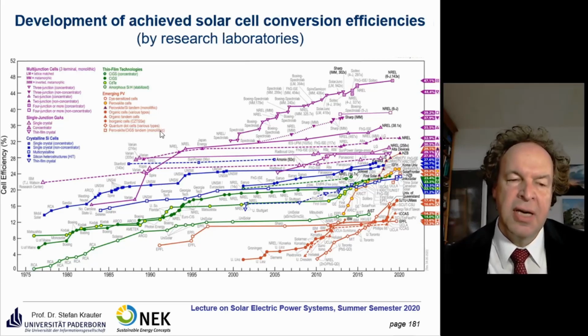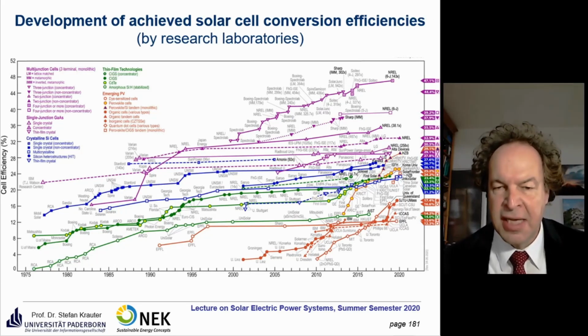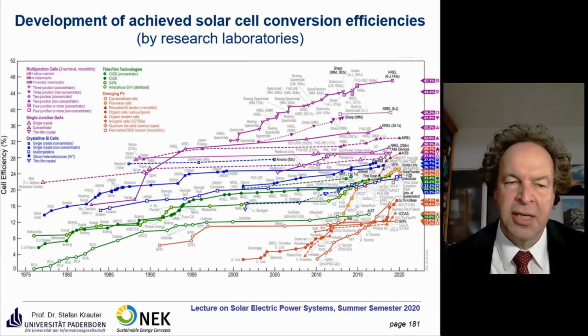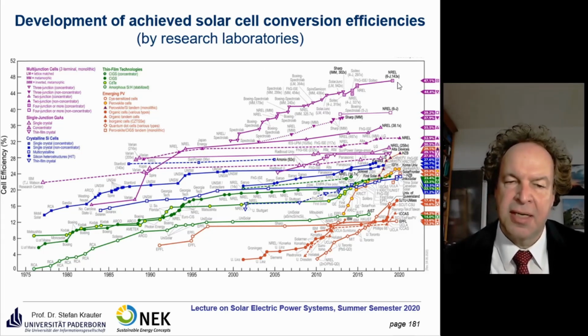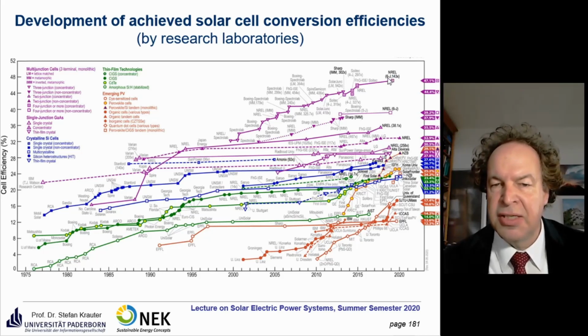Here you see the actual achieved conversion efficiencies of solar cells with the different technologies. They are represented in different colors. You see here that the multi-junction solar cells, not only tandem solar cells, but there could also be, for example, this NREL one, a 6-junction cell with a light concentration of 133.